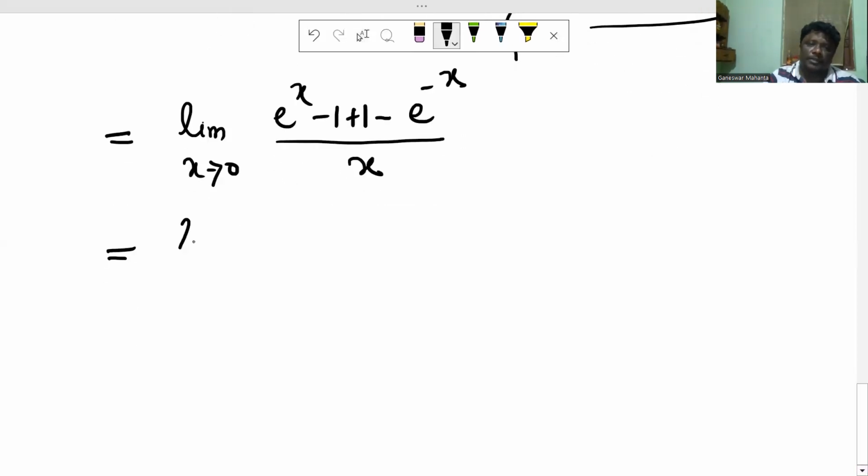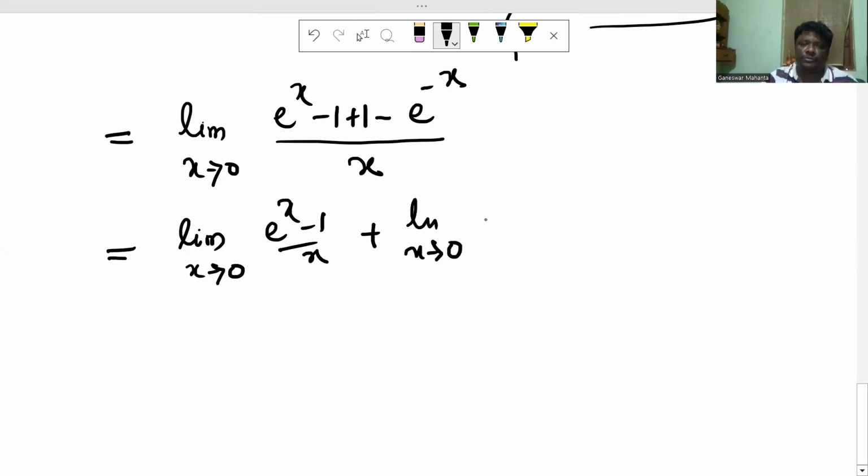Limit x tends to 0, (e to the power x minus 1) by x is one value, plus limit x tends to 0, (1 minus e to the minus x) by x. So this one is applicable for the formula.